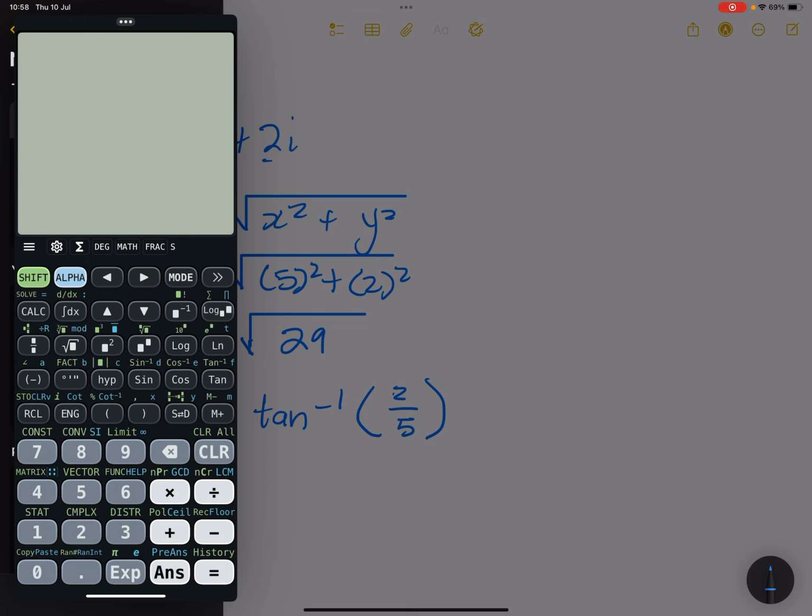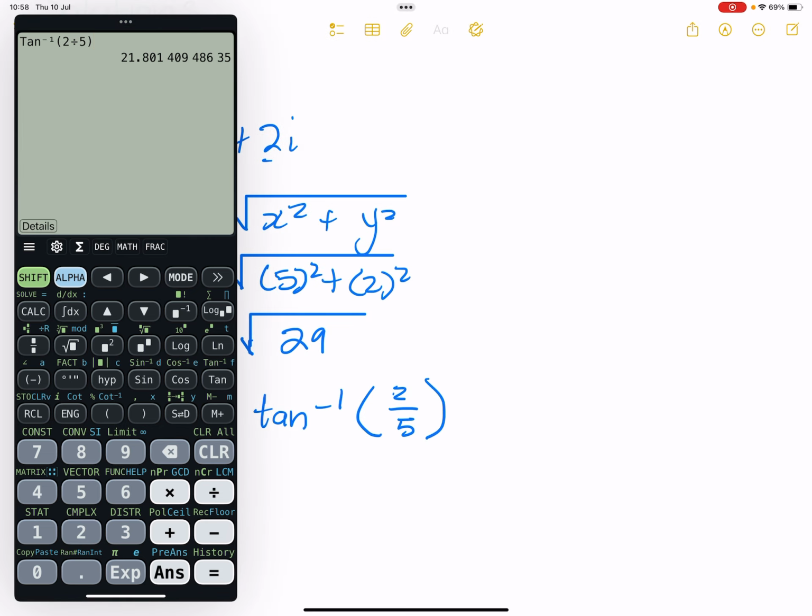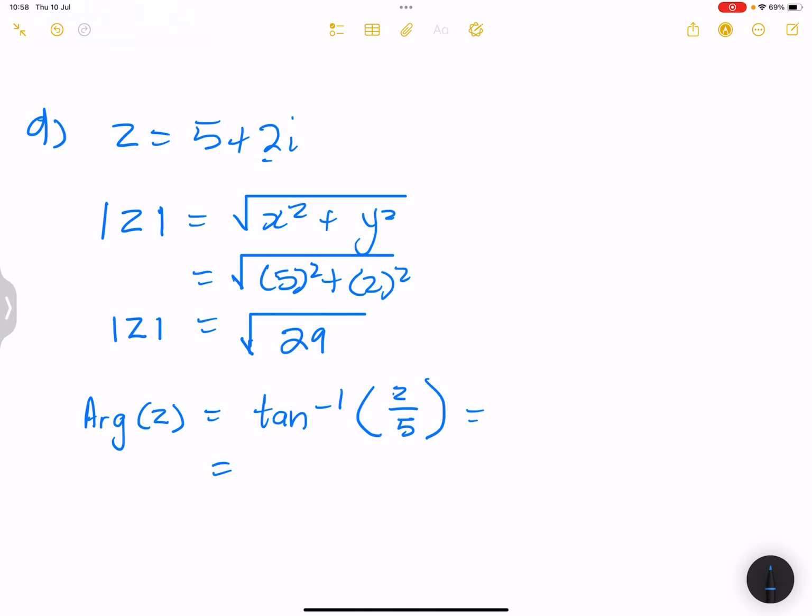I made a mistake there. Shift tan of 2 divided by 5. There we go. We get 21.8, so it's 21.8 degrees. Now, ladies and gents, that is how we're going to go about D.